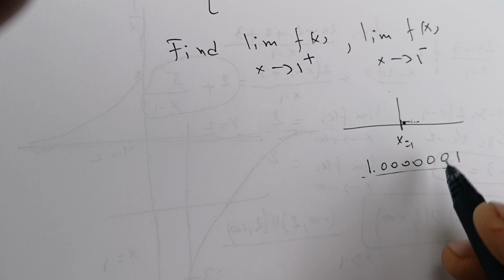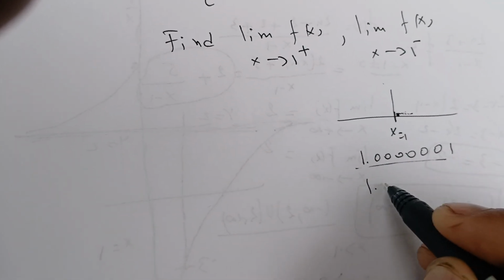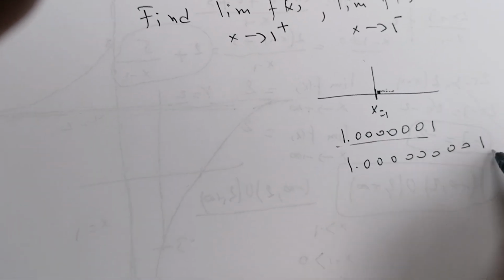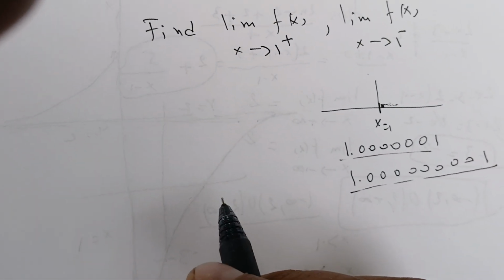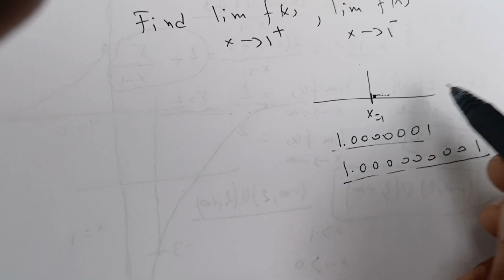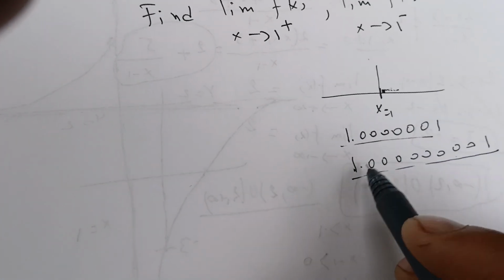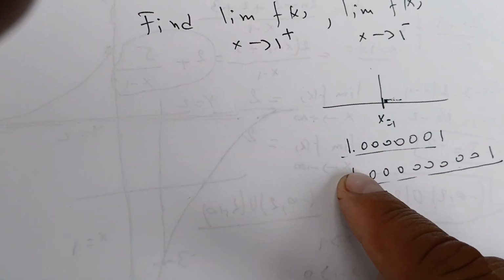We can also choose 1.00000001. So this is another value. Here we're getting very close to 1 from the right, but not exactly equal to 1.